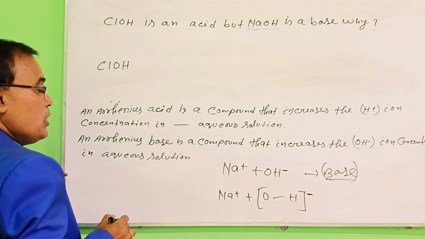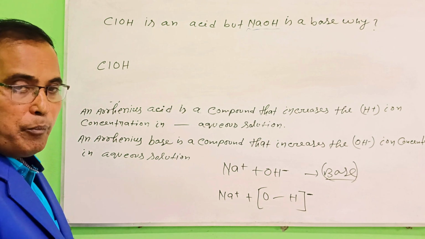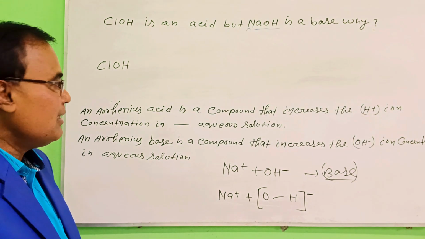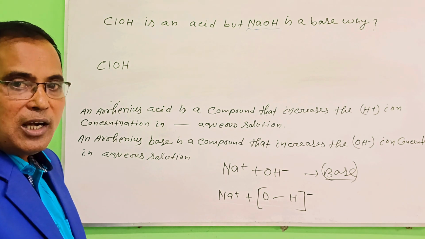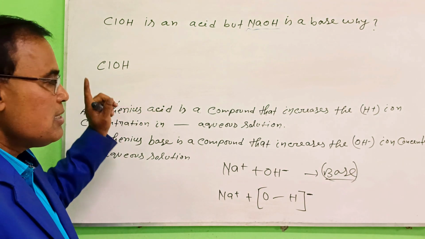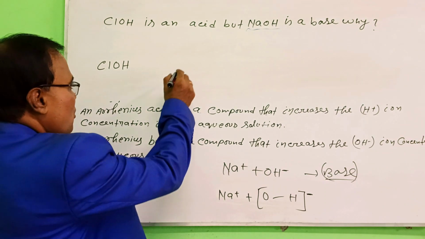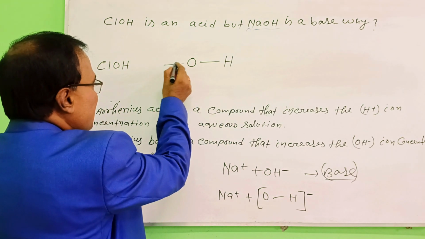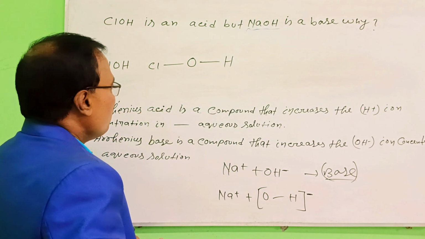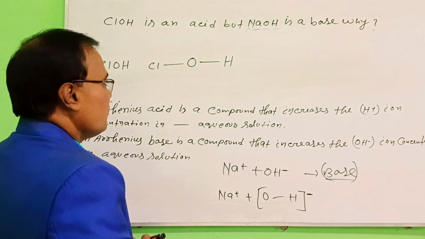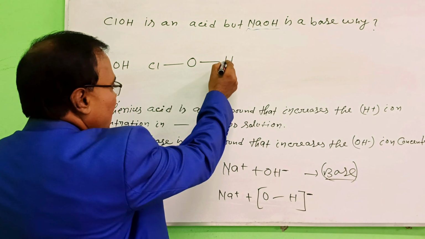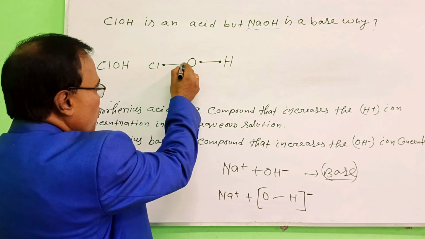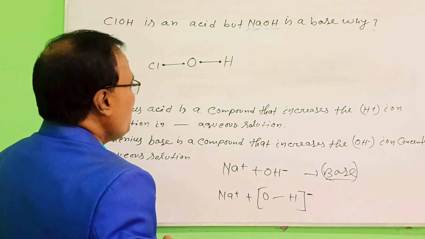ClOH is actually a covalent compound because it is formed by sharing electrons. Here oxygen is the central atom, and hydrogen and chlorine are corner atoms. Oxygen has shared a single electron with hydrogen and another single electron with chlorine for filling its octet. Hydrogen has shared a single electron with oxygen, and chlorine has shared a single electron with oxygen, for filling duet and octet.